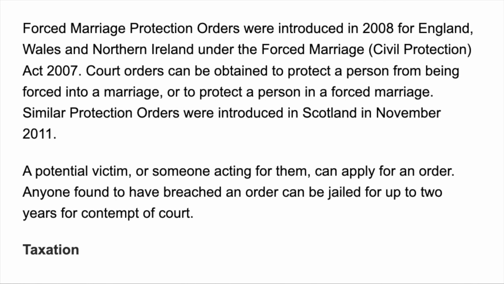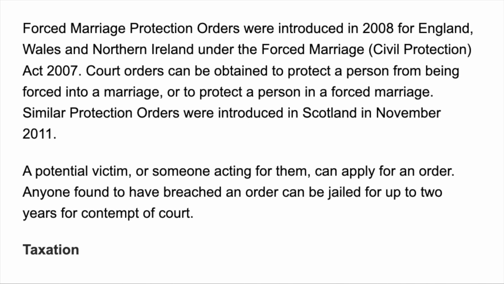Forced marriage protection orders were introduced in 2008 for England, Wales, and Northern Ireland under the Forced Marriage Civil Protection Act 2007. Court orders can be obtained to protect a person from being forced into a marriage or to protect a person in a forced marriage.